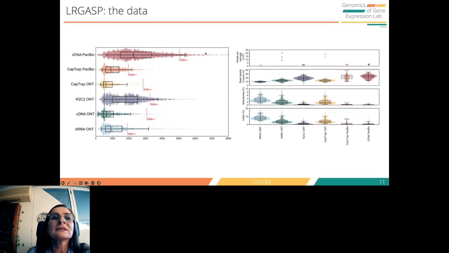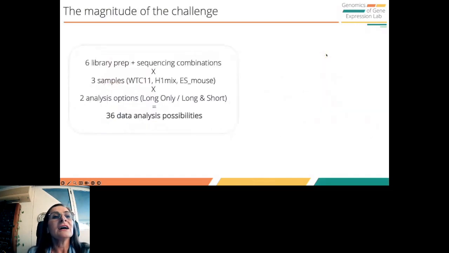So you can see already that there are quite some important differences in the quality of the starting data with, in general, PacBio having longer reads and more accurate, but the nanopore platform producing more data. And I will come back to that later.